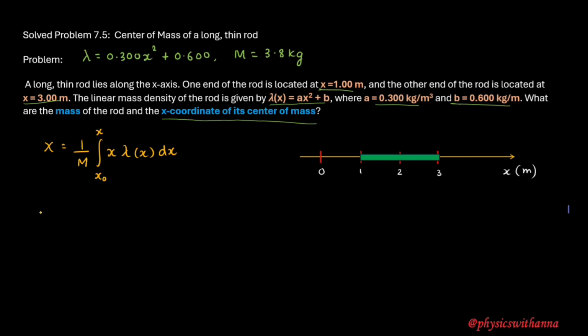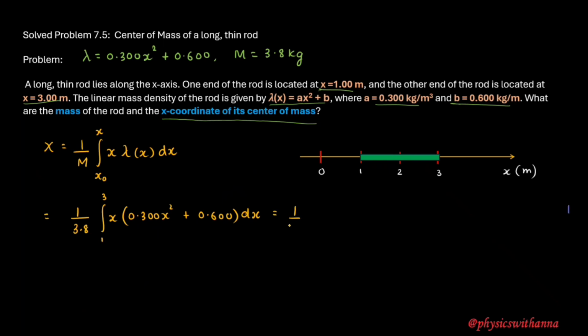We substitute the values here. The mass M in the previous part we found to be 3.8. So we write 1 over 3.8 times the integral from x equals 1 to x equals 3 of x times lambda, which is 0.3 x squared plus 0.6, dx.